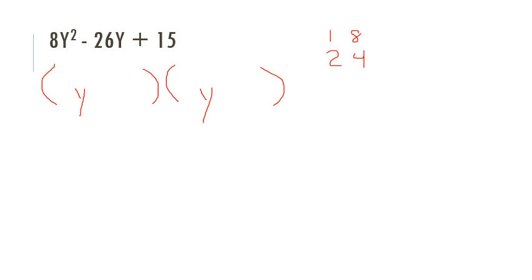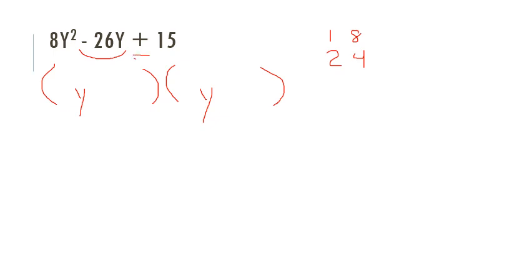I'm looking already at this middle term. It's a pretty big number. So I'm hoping that I'm going to be able to get there by using some larger numbers and combining them in a way that is going to combine to a large number. So I'm not going to make the decision yet. I'm going to look at the problem further.